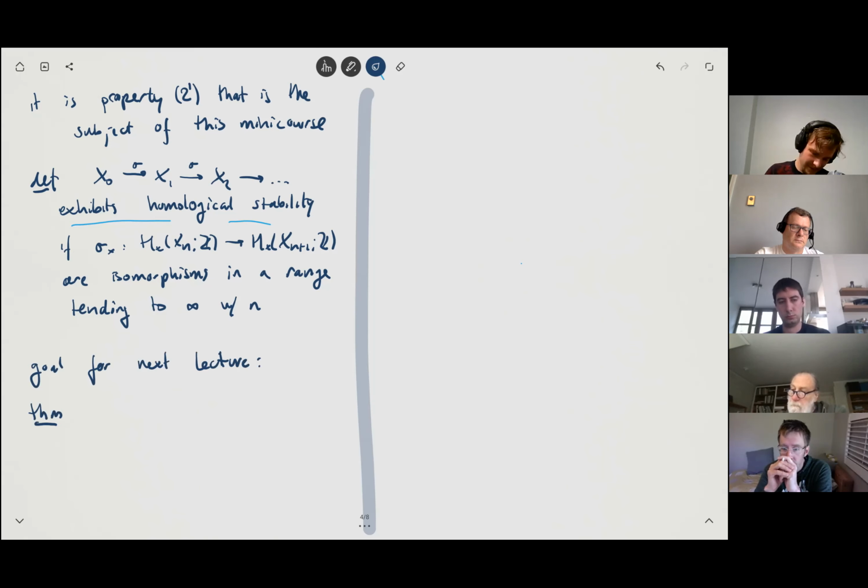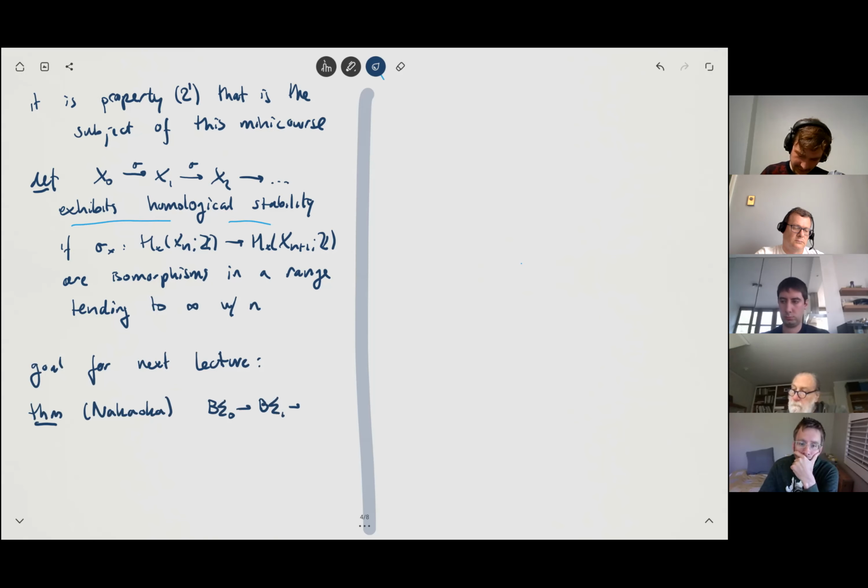So I think it's fair to attribute it to Nakaoka, but he proved much more than this. So the statement is that it's indeed true that these classifying spaces of symmetric groups exhibit homological stability, and they do so in the following range.